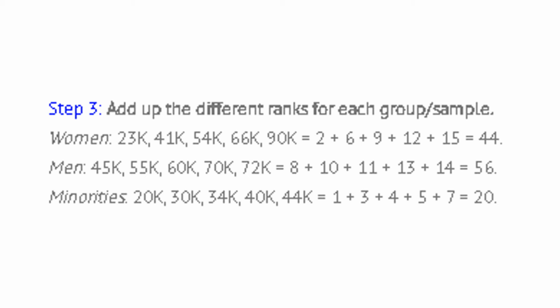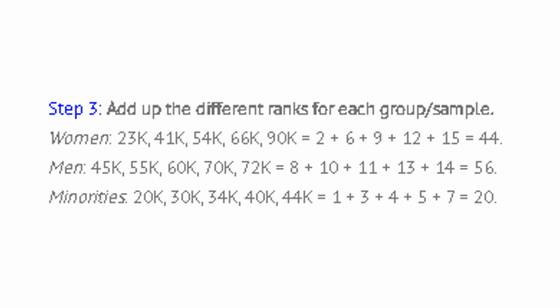You find that 23,000 is rank number 2, 41,000 is rank number 6, 54,000 is rank number 9, 66,000 is rank number 12 and 90,000 is rank number 15. So you add up all the ranks for women.